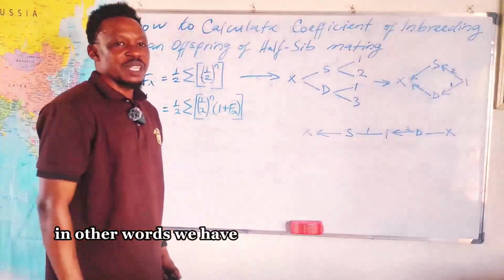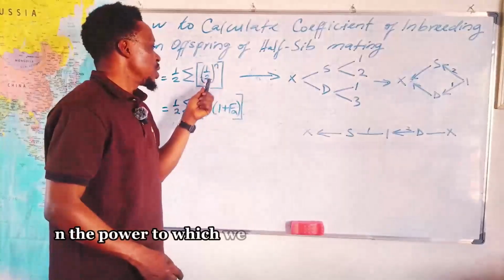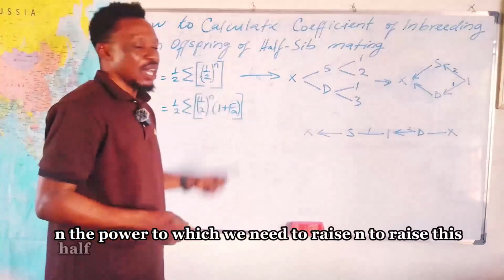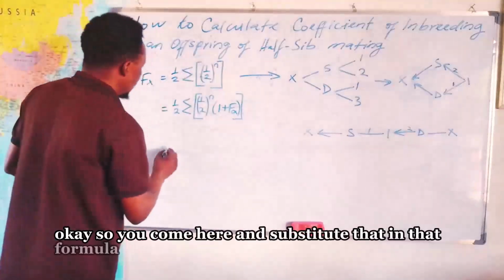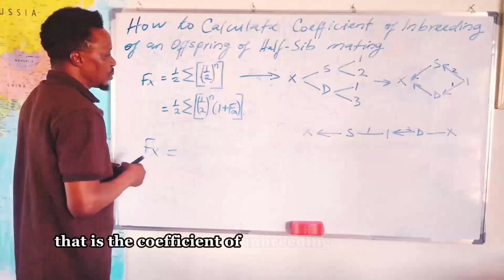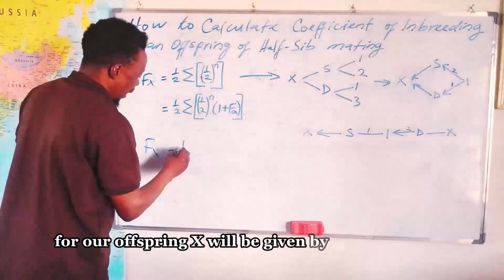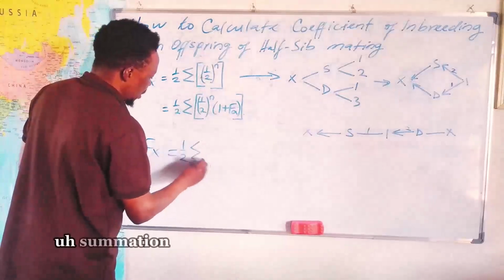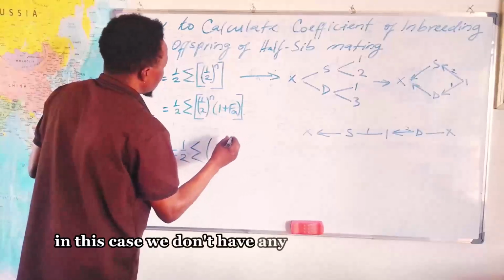In other words, we have established from this flow chart that N, the power to which we need to raise this half, is just 2. So you come here and substitute that in the formula. FX, the coefficient of inbreeding for our offspring X, will be given by half times the summation of this part. In this case, we don't have anything to sum.